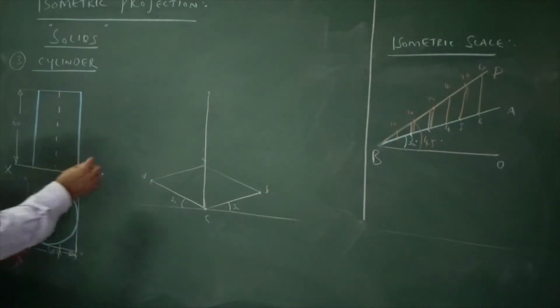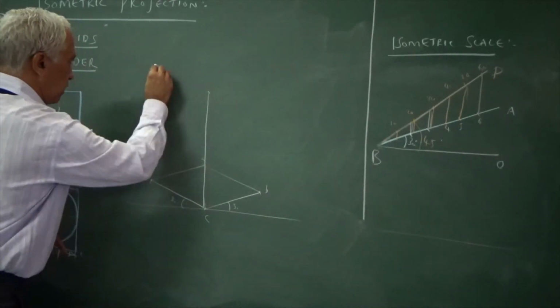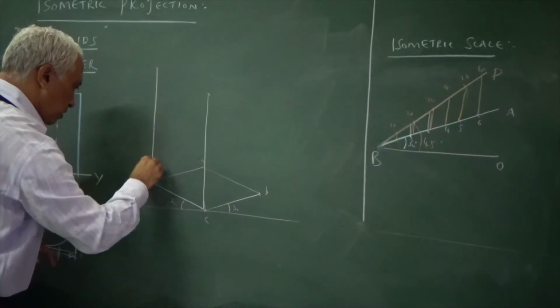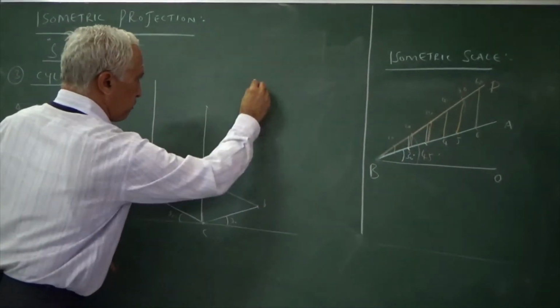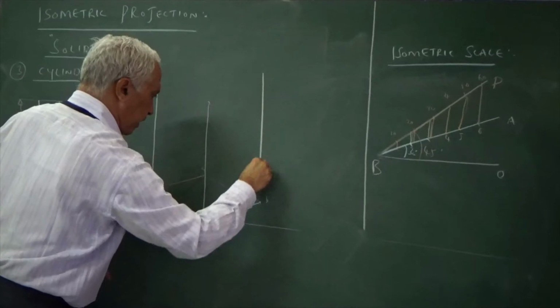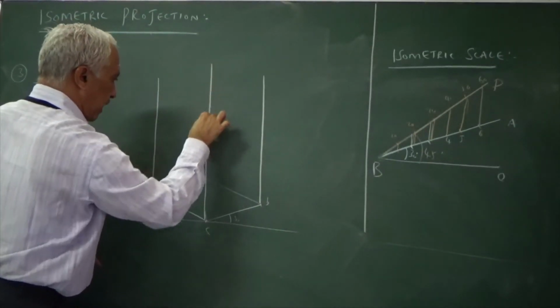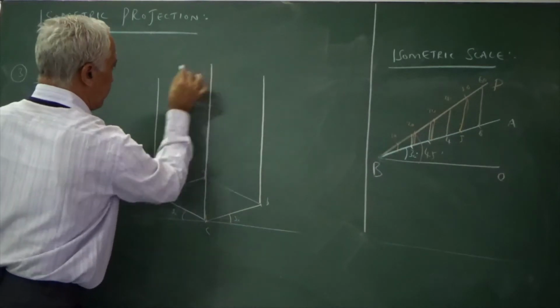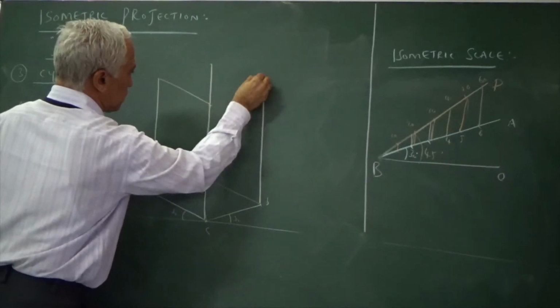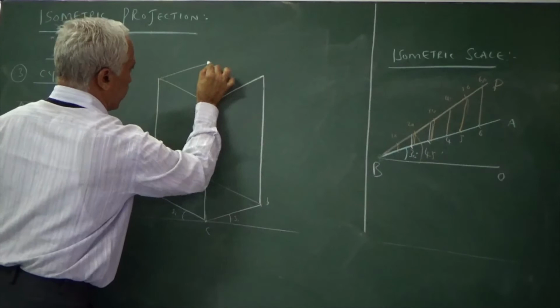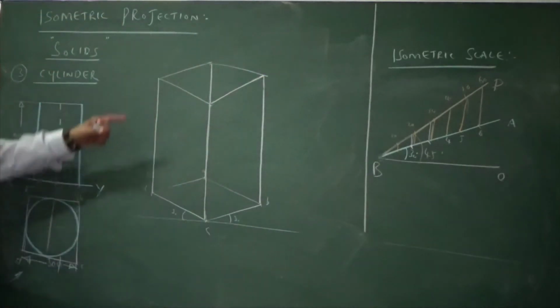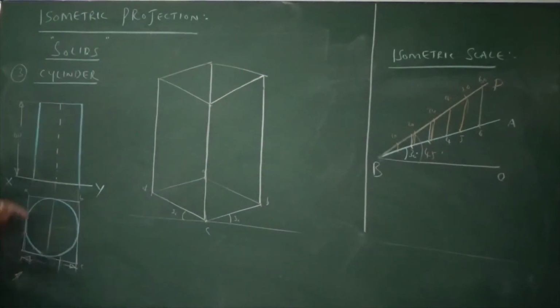And then from D draw another vertical line, ISO 60, from B a vertical line, ISO 60, from A a vertical line, ISO 60. Then I can join these points to obtain the top of the cylinder based on the axis height.